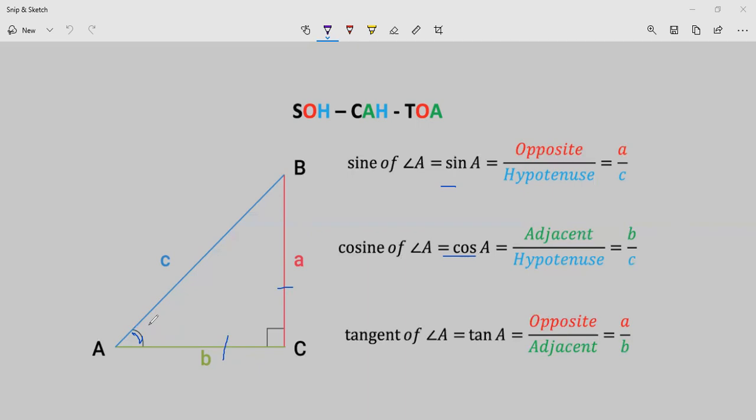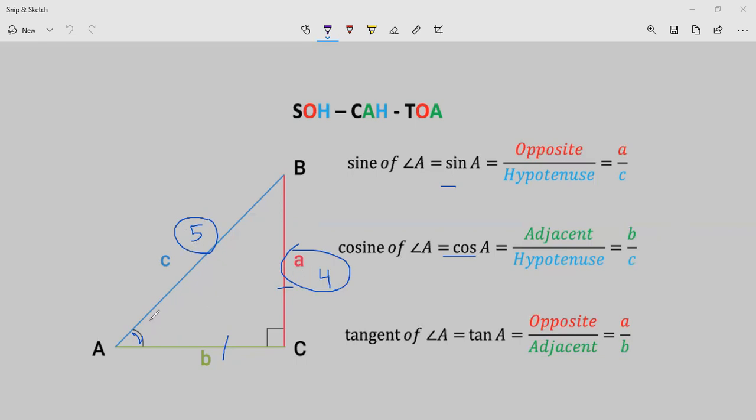For example, find the measure of angle A. Now you are given this 4, the opposite, and this 5. Guys, you need to know which sides you have. Now he wants the angle. If he wants the sine, you only divide 4 over 5.